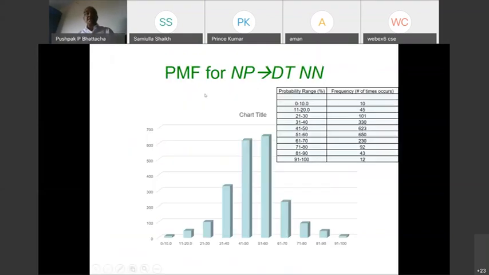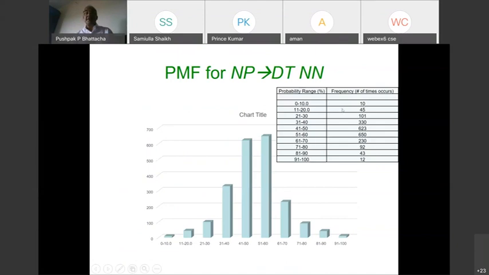The probability mass function for this rule, noun phrase going to determiner noun, is shown in this chart. Look at this chart here. The probability range from 0 to 10, that means noun phrase expanding as determiner noun, has frequency 10.